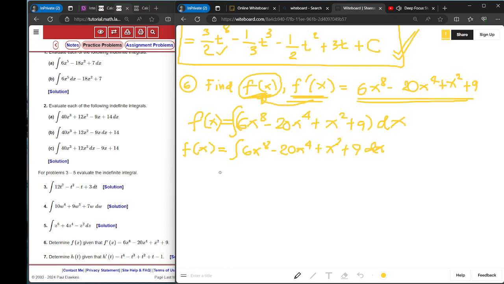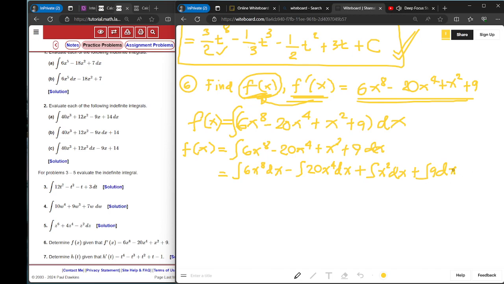So let's integrate them one by one. That is the integral of 6x to the 8 dx minus the integral of 20x to the 4th dx plus the integral of x squared dx plus the integral of 9 dx.